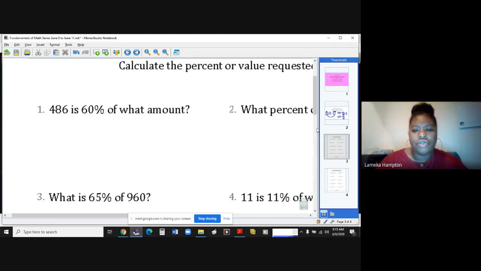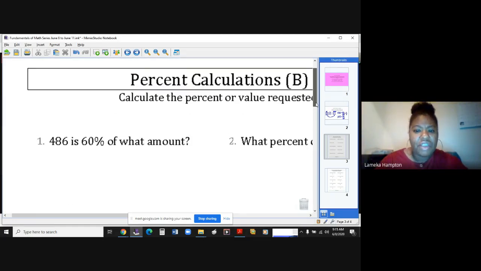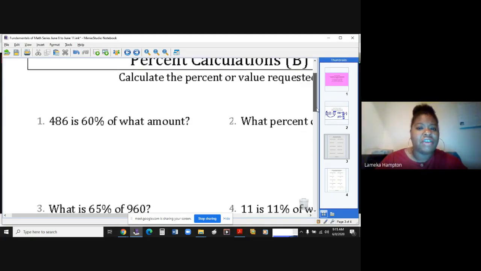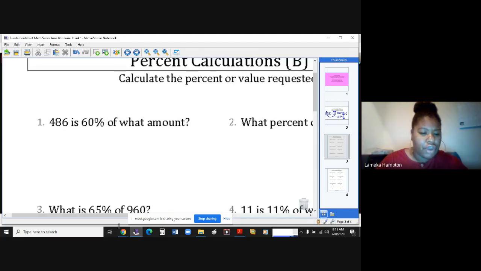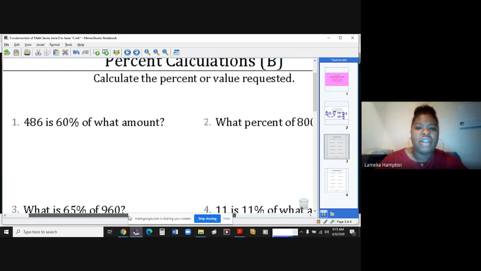But what I want to do now, we are talking about percent calculations, and our direction says to calculate the percent of or value requested. Now, percents can come in many different formats as it relates to word problems or how to solve word problems.